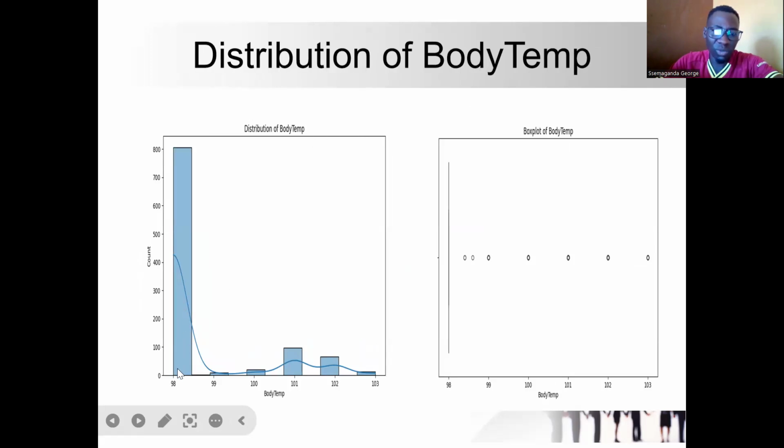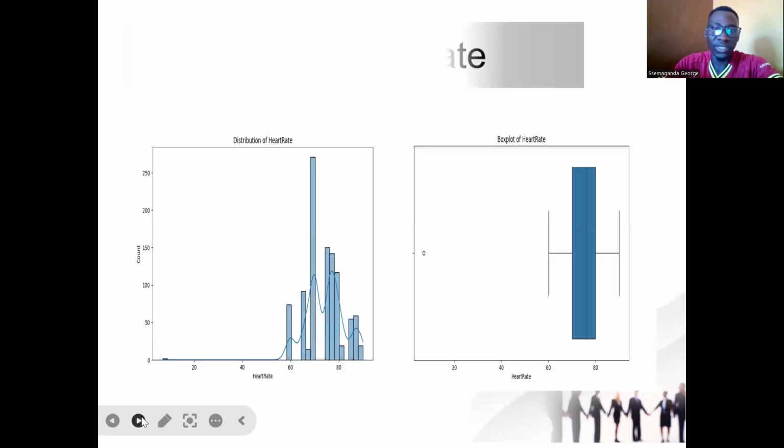Remember, body temperature is normally between 98 and less than 100, except for the few outliers that came in. Maybe by the time of the data collection, some of the respondents had fever. That's how we come up to 103 for some of these respondents.